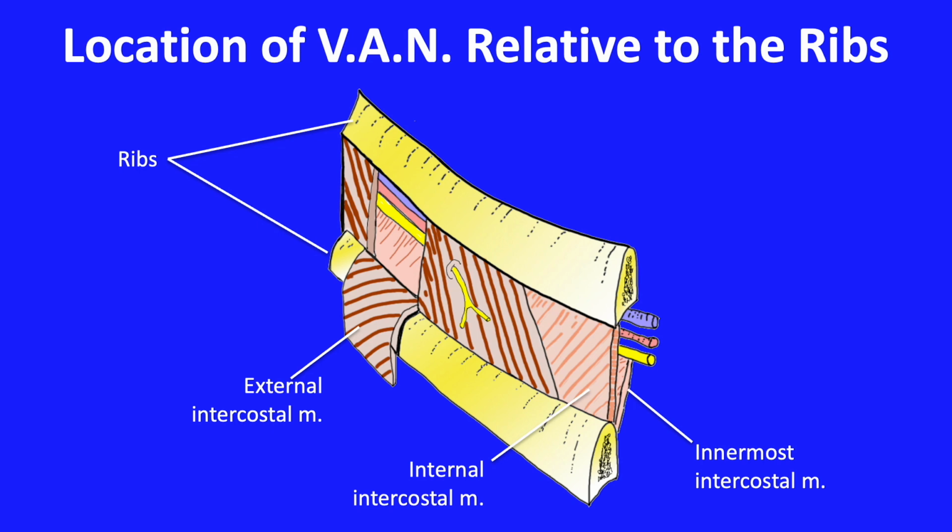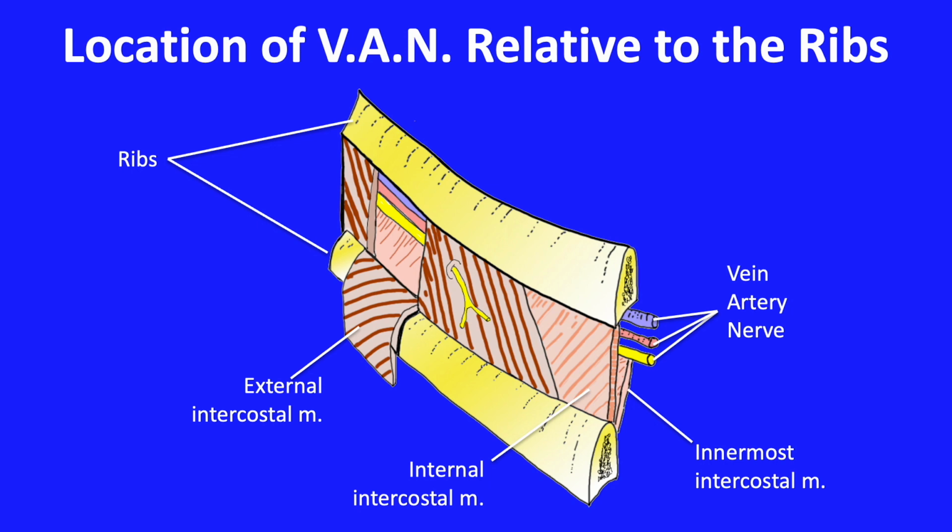Now I am labeling the internal and innermost intercostal muscles. The neurovascular bundle is now indicated, and look at the order from top down. The vein, artery, and nerve run from top to bottom, just deep to the internal intercostal muscle and precisely inferior to the corresponding rib.